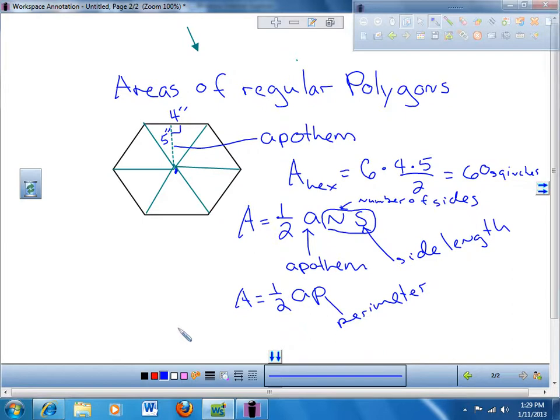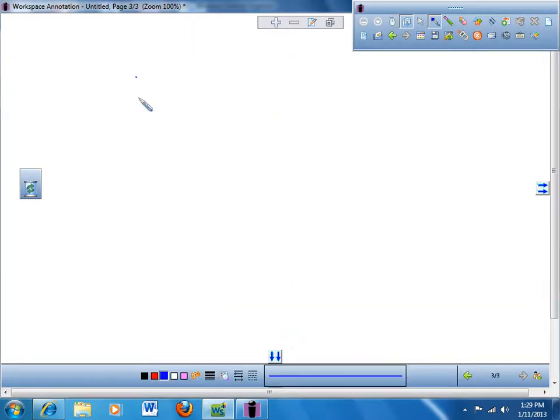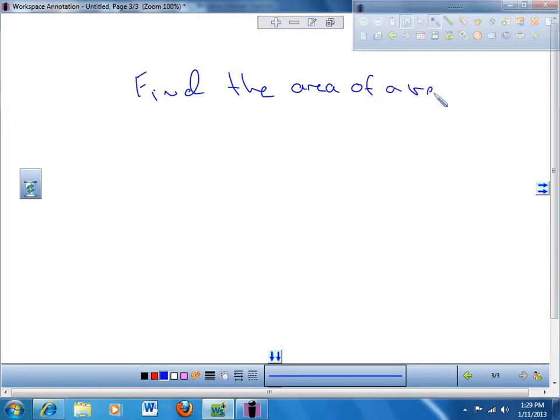Then I'll just do a couple more examples with you, and then we'll be done. Find the area of a regular polygon, and you don't know how many sides this polygon has.